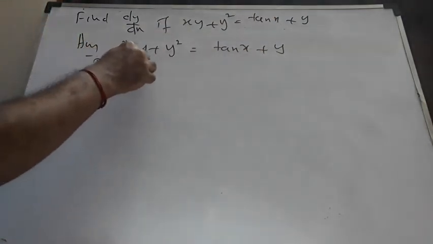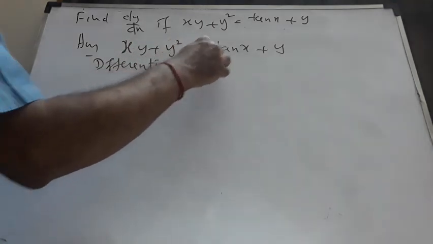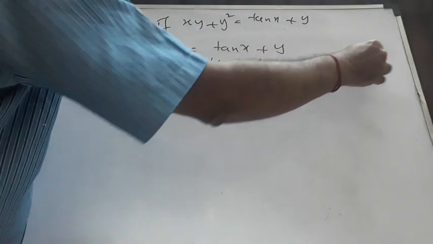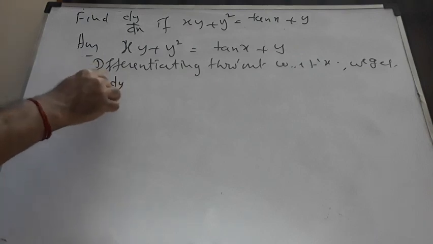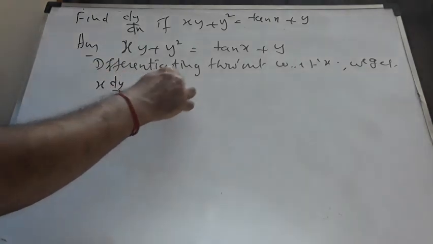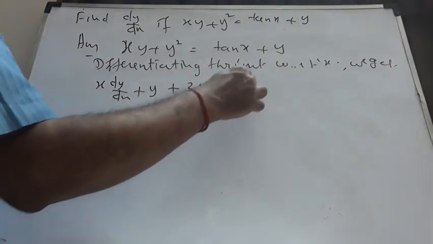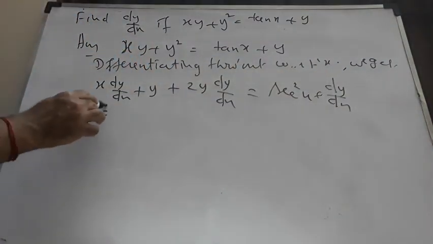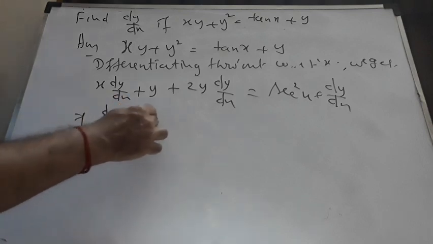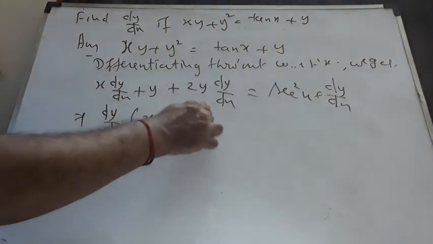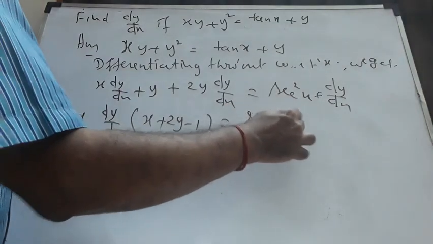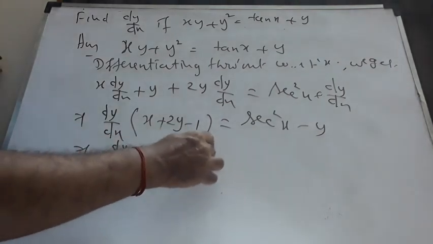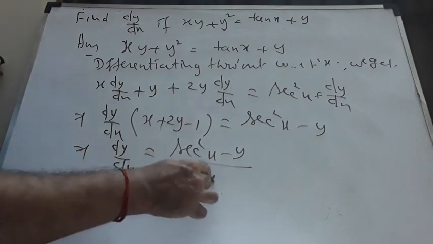Now differentiating throughout with respect to x, we get, what do I get? x dy by dx plus y plus 2y dy by dx is equal to secant square x plus dy by dx, which implies dy by dx into x plus 2y minus 1 is equal to secant square x minus y, which implies dy by dx equal to secant square x minus y divided by x plus 2y minus 1.